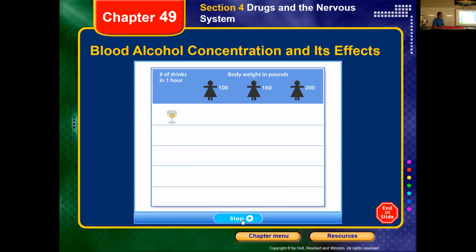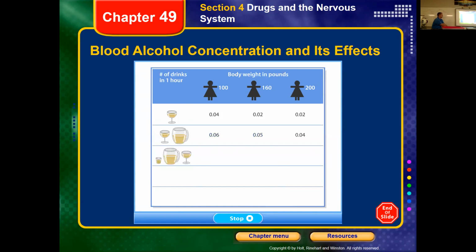After only one drink, a normal person will begin to feel the effects of alcohol. The 100-pound person will have a blood alcohol level of 0.04. That is 1/2 of the legal intoxication level. After 2 drinks, the 200-pound person has reached the level of 0.04. The 100-pound person is considered intoxicated.